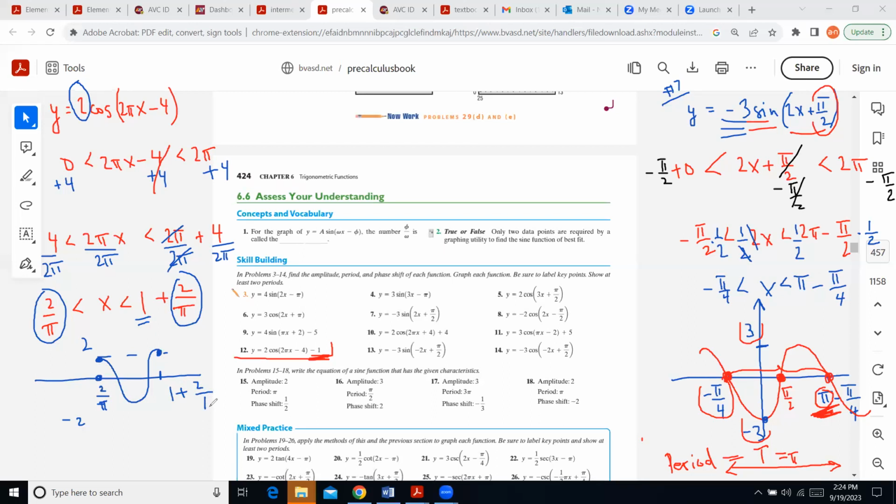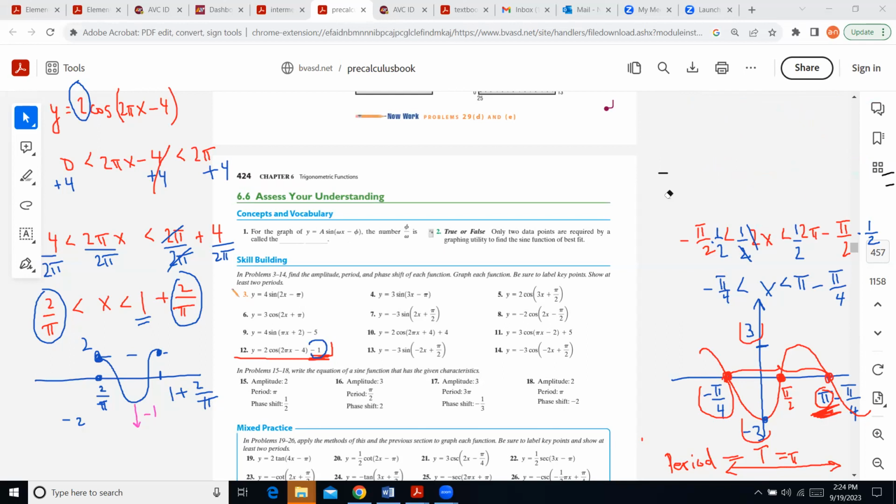And that's enough. I described completely the piece that repeats, but I need to not forget about -1. So now I have to move this whole picture down 1 unit. I'm going to use another page, because otherwise it'd be a mess.